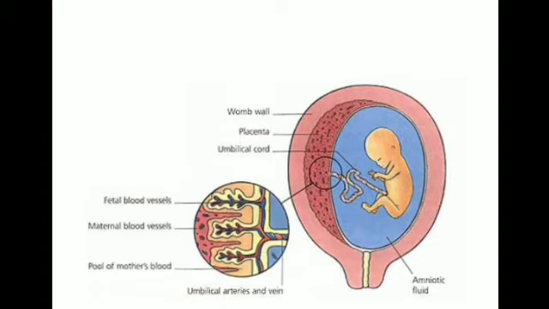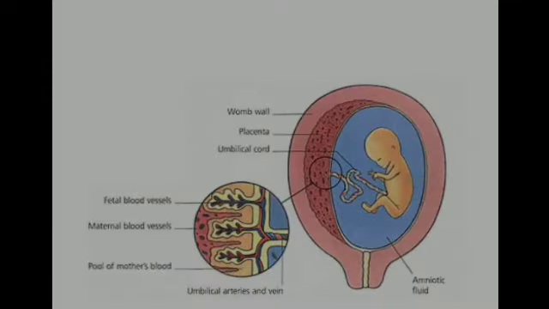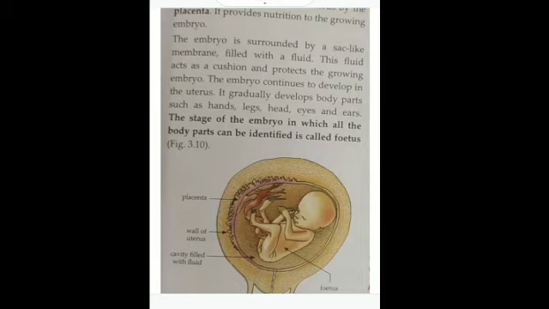Is it clear? The fluid which is present is the amniotic fluid. The embryo continues to develop in the uterus and gradually develops the body parts, that is the legs, eyes, ears, hands, mouth, and all the parts.